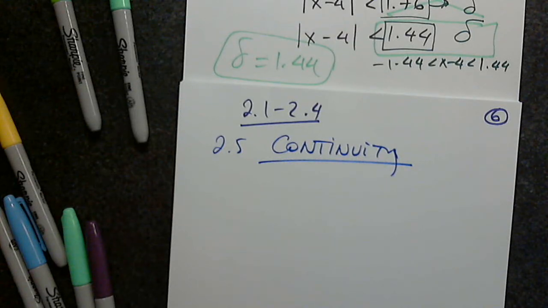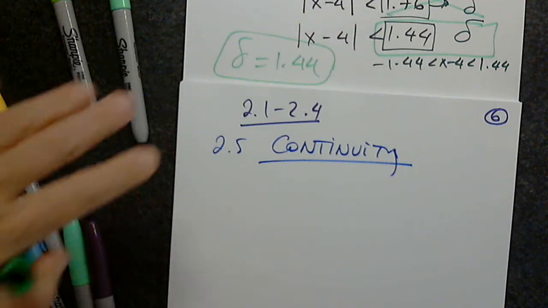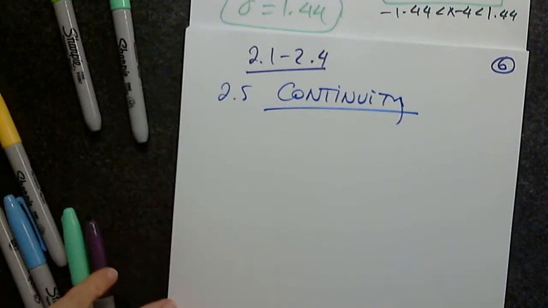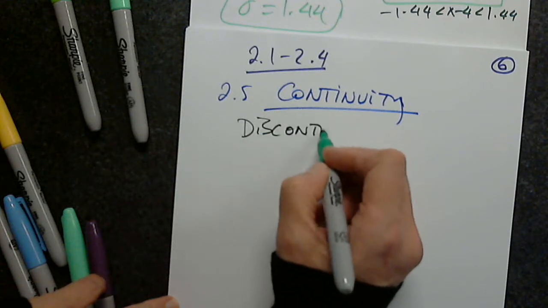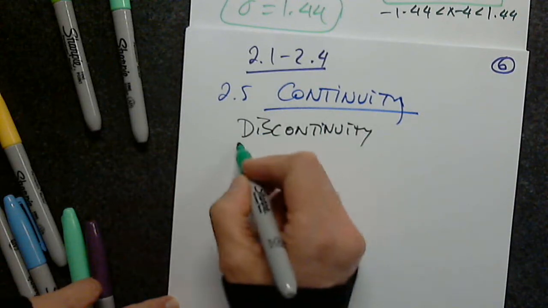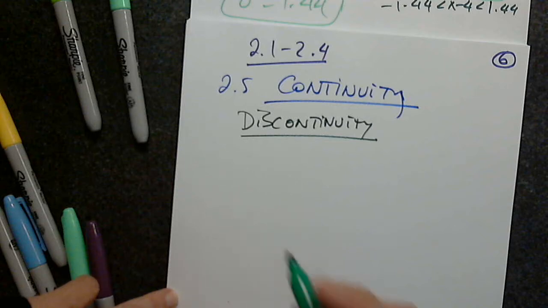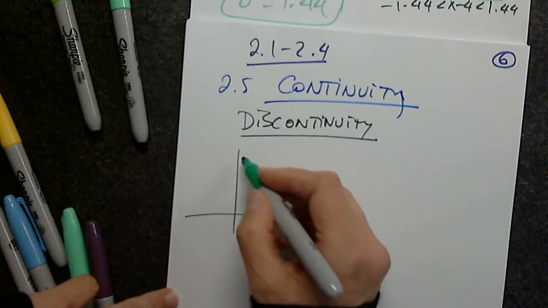I would like to list first of all in how many ways a function is discontinuous. So discontinuity first. Okay, here's a possibility.